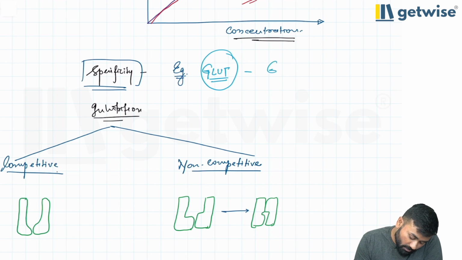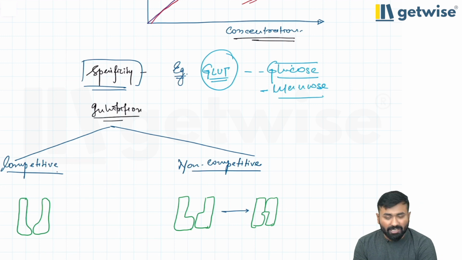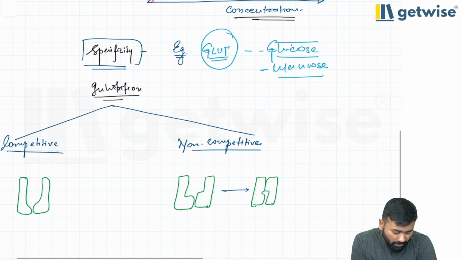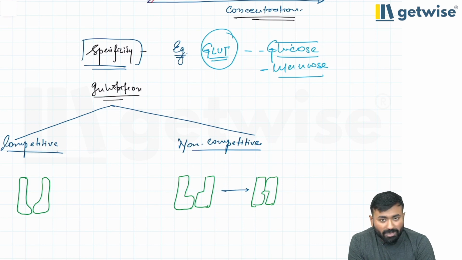It can transport glucose or glucose-like molecules like mannose, but they cannot transport any other molecules. They are specific for glucose or mannose, glucose-like molecules. So we can say that GLUT is specific for glucose or glucose-like molecules.